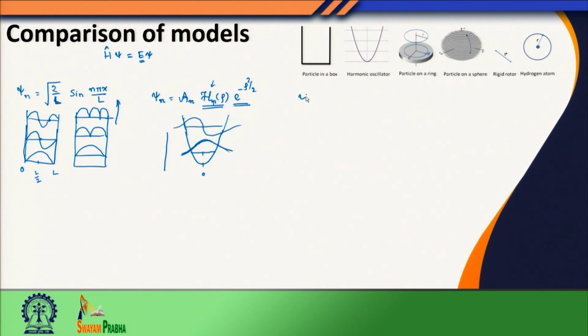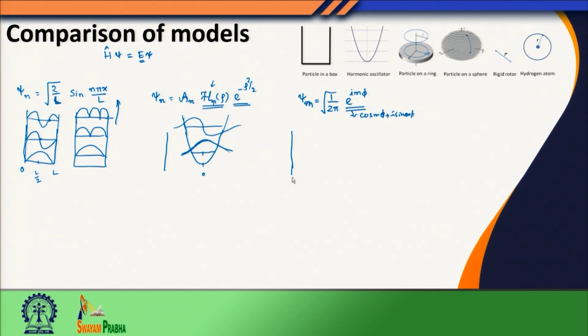Coming to the particle in a ring, we had psi m as a function e to the power i m phi, where phi goes from 0 to 2 pi. So, for the first time we saw a complex eigenfunction. Of course, we can write it as a cosine function plus a sine function.